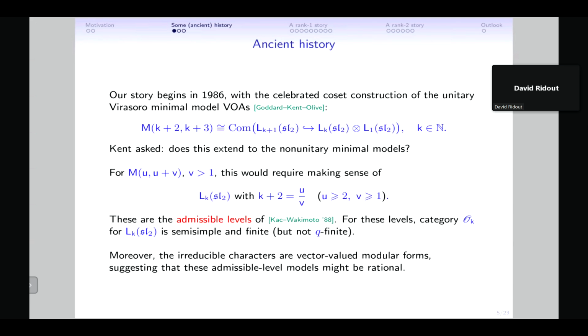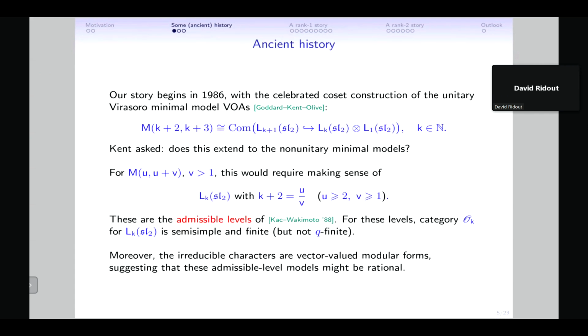And so Kent, who was a PhD student at the time, in his thesis said, well, it's a very natural question. Can you also get the non-unitary minimal models out of this? At the time, physicists didn't really know what that meant, because there was a quantization condition on the level which says that for the physical theory to make sense as a string theory, the level has to be a non-negative integer.